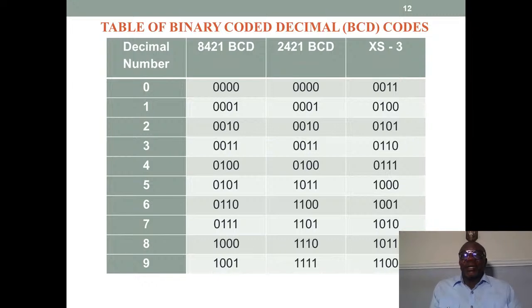The next one carries a weighting of 2. The next one carries a weighting of 4. The next one carries a weighting of 2. Because the multipliers are 1111, it becomes 2 plus 4 plus 2 plus 1, which is equal to 9. So likewise, for any of those 2421 BCD codes, the equivalent decimal number can be found.